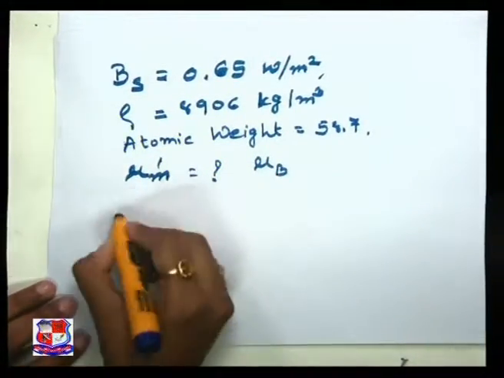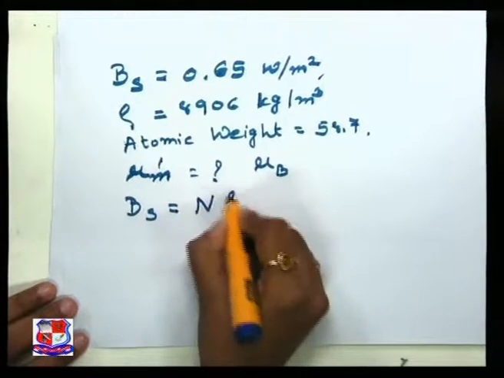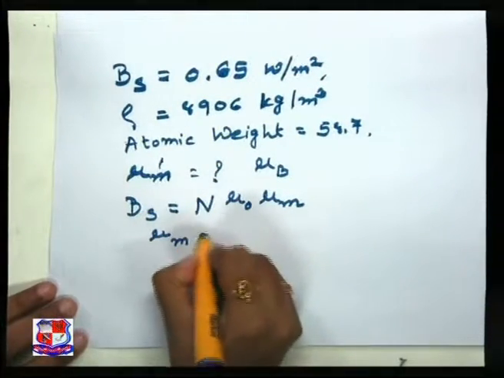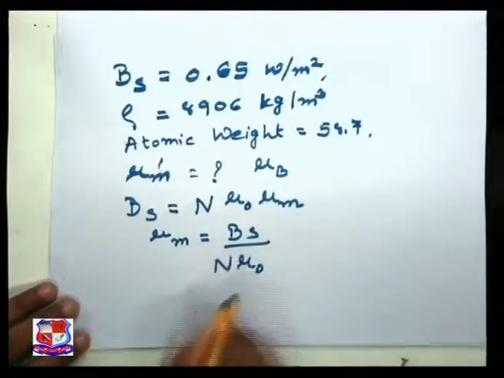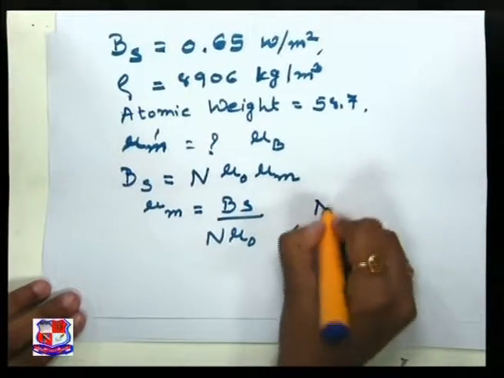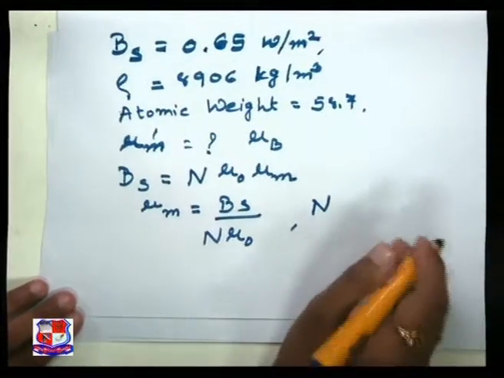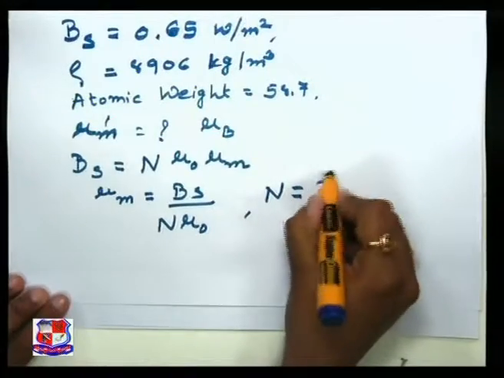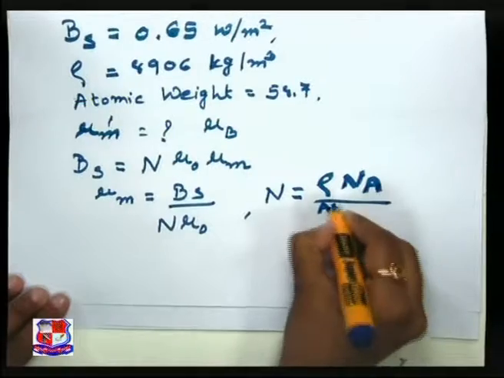Okay. Now we know that Bs is equal to n mu 0 mu m. That means mu m, the magnetic moment, is Bs upon n mu 0. Also capital N is the number of atoms per meter cube of substance. So N can be found with this formula, rho Na divided by atomic weight.